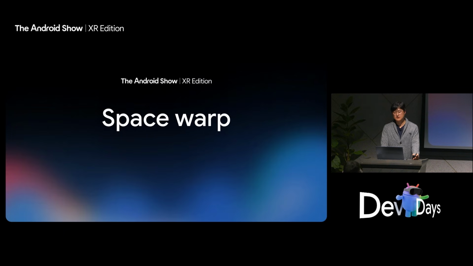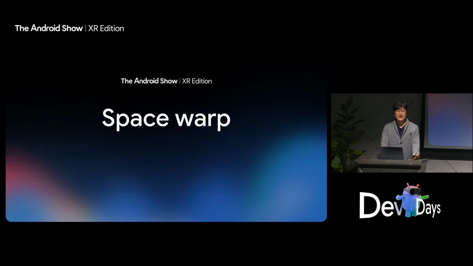This significantly reduces GPU computation power and energy consumption. It will ensure that your app runs at a smooth 72 or 90 frame rate. This is especially useful when you've got complex scenes that would normally push you over your frame budget. Space Warp provides a great way to meet your frame rate objectives.